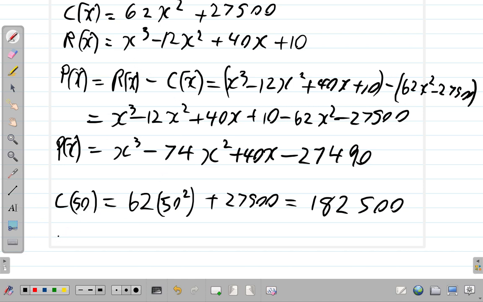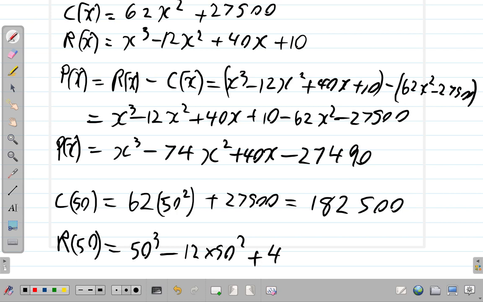Revenue, R of X now becomes R of 50. Finding the revenue at 50 items will be 50 cubed minus 12 times 50 squared plus 40 times 50 plus 10.